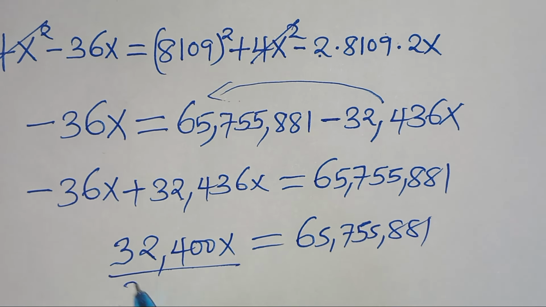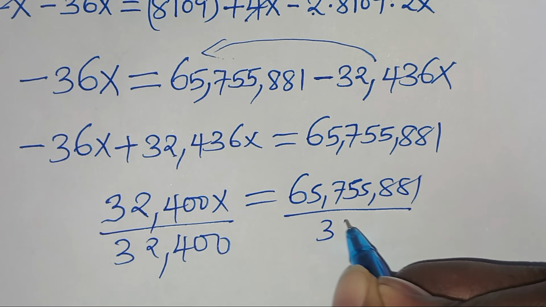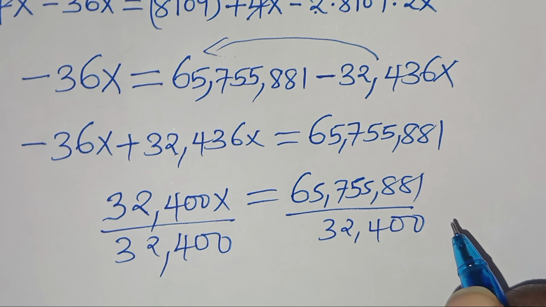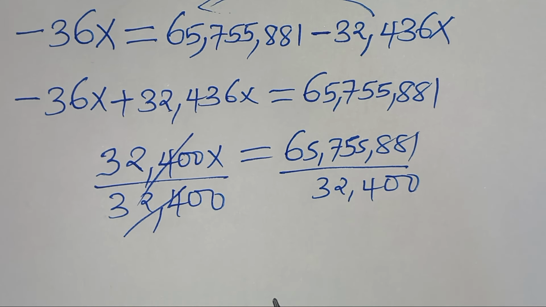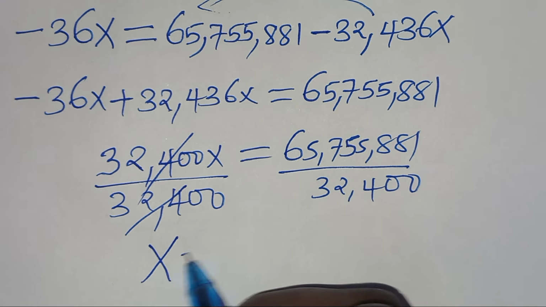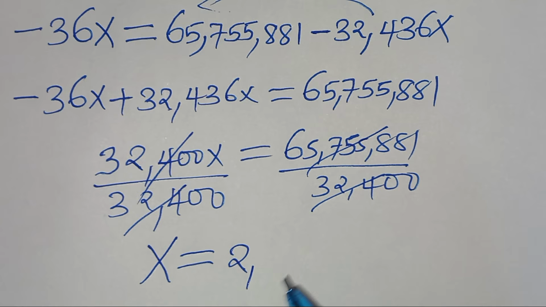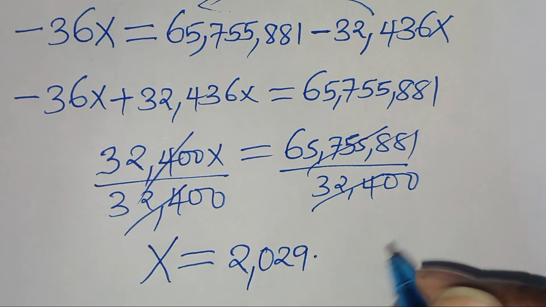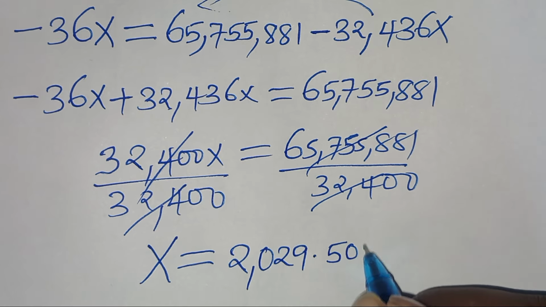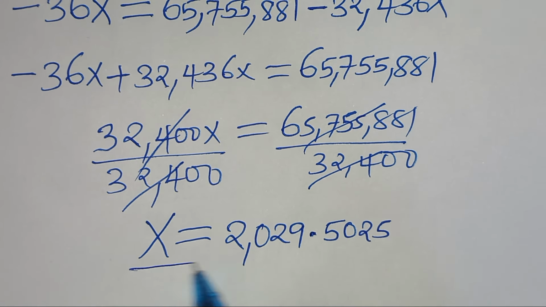So let's divide both sides by 32,400. If you simplify here, we have that x is equal to 2029.5025. So this is the value of x.